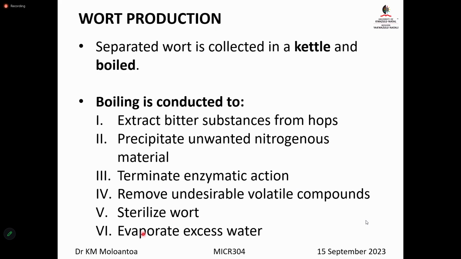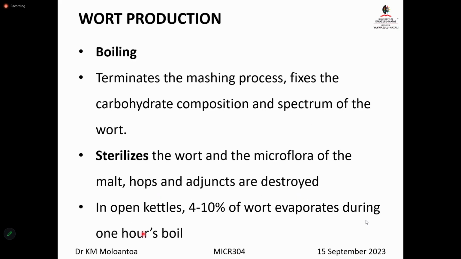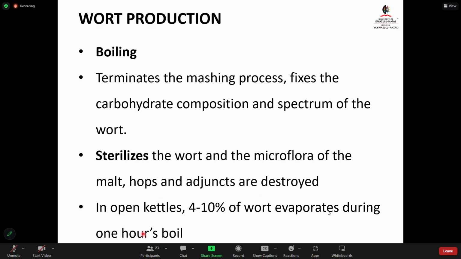And lastly, it evaporates excess water. Remember, we need to concentrate it to make it more usable by the microorganism, which will be increasing the carbohydrate concentrations. Okay. So boiling terminates the mashing process and fixes the carbohydrate composition and spectrum of the wort.